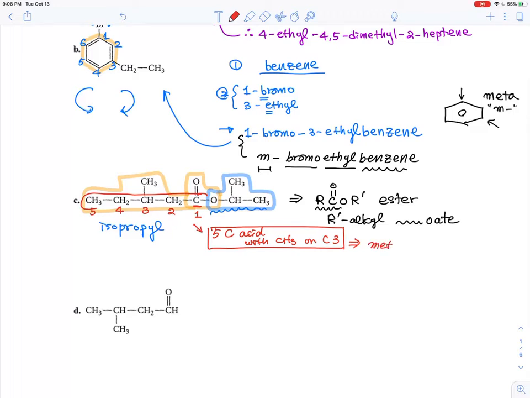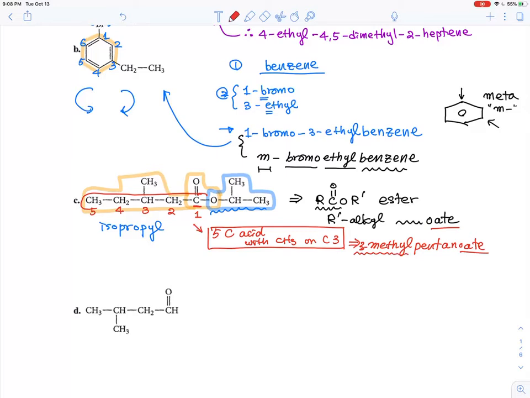Methyl, so there is 3-methyl and pentanoate. That's the ending for the ester, just like it's shown up here. So you just need to have a 3-methylpentanoate.